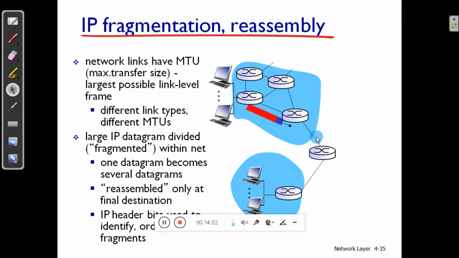Suppose this link cannot handle more than 500 bytes of data, and the packet size is around 1500 bytes, then this packet is further divided into smaller datagrams. This process is called fragmentation, and all these datagrams are identified by means of flags, fragment offset and identification ID.